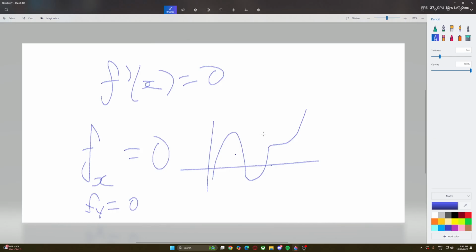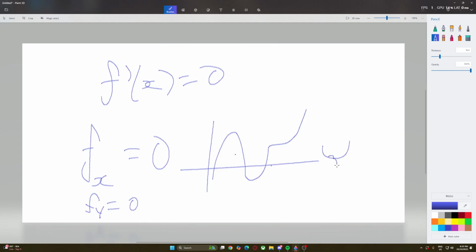The same concepts apply in multivariable, where just because these two are 0 does not mean they're maximums or minimums. They can also be what is called a saddle point, which, as the name implies, is kind of like the shape of a Pringle.